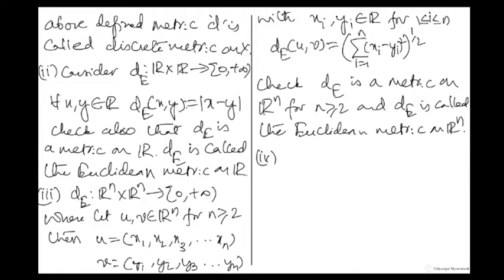Prominent among them are the following. For u and v in R^2, u will be (x1, x2) and v would be (y1, y2). u and v will be ordered pairs with coordinates which are real numbers.